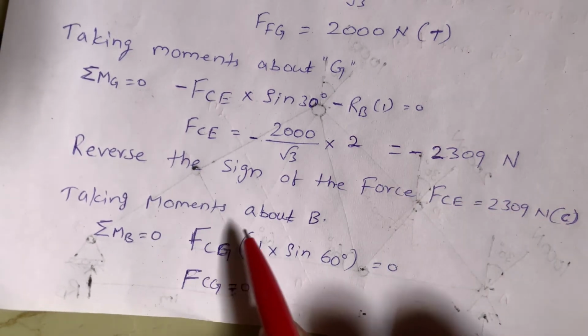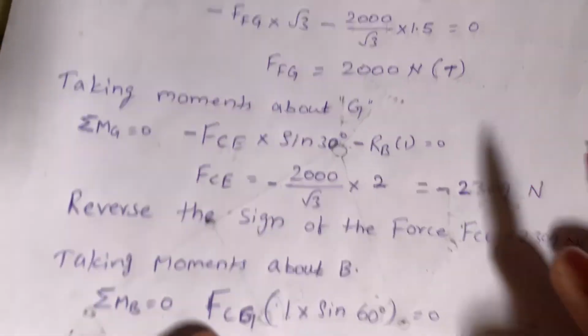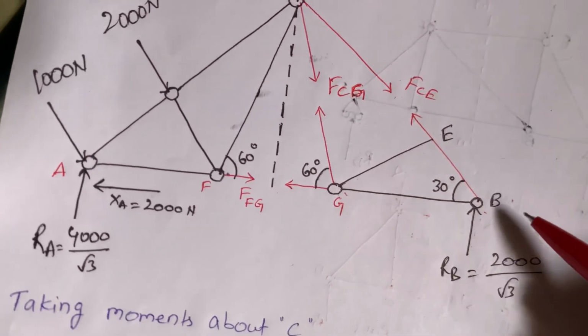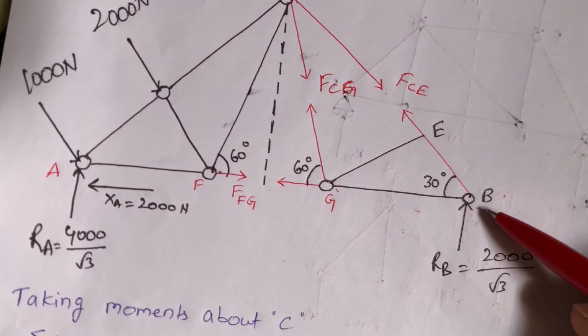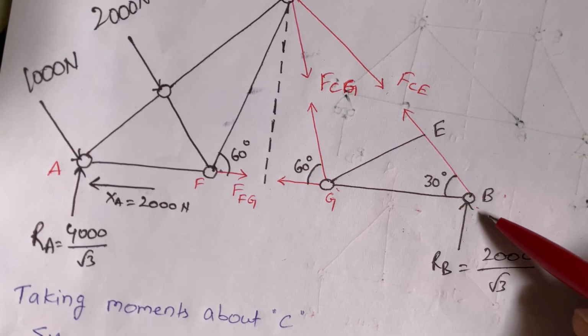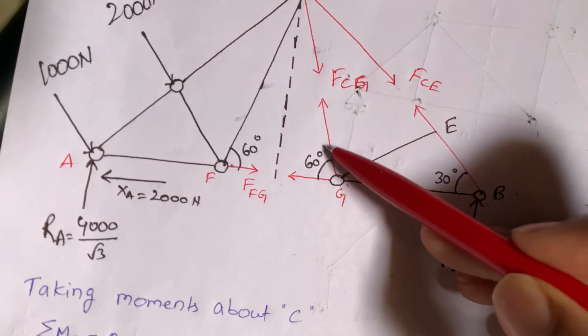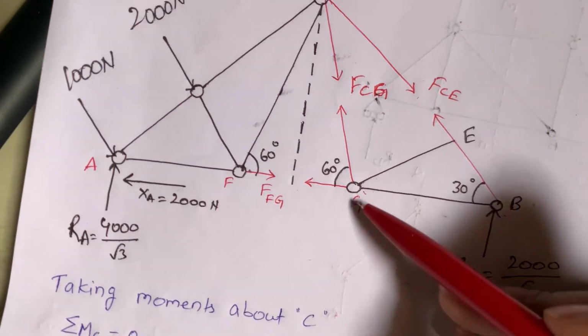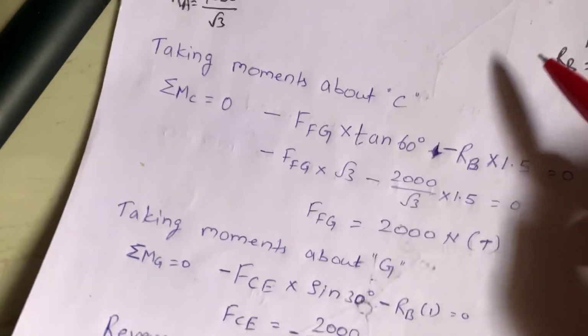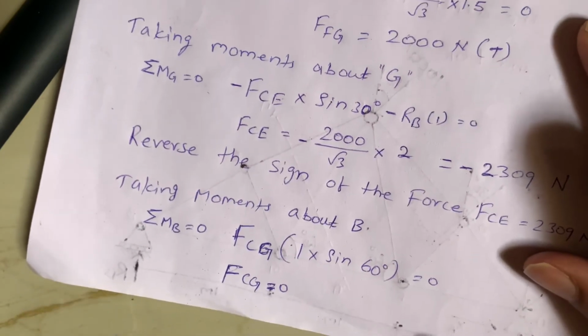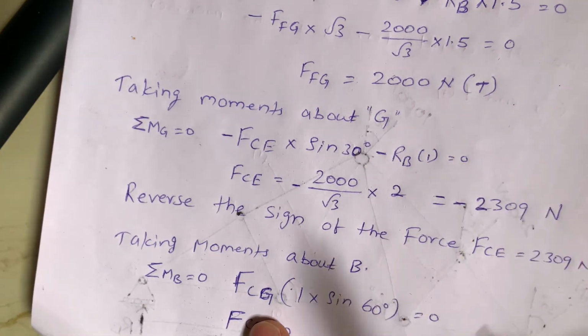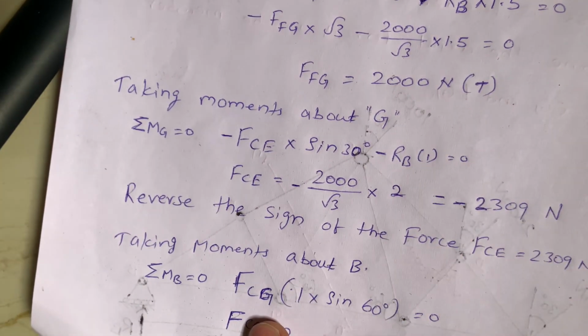So taking moments about B. Now I am taking moments about B. Okay, nothing but FCG. Here it is FCG, force into perpendicular distance. So FCG is the force into perpendicular distance, that is 1 into sine 60.